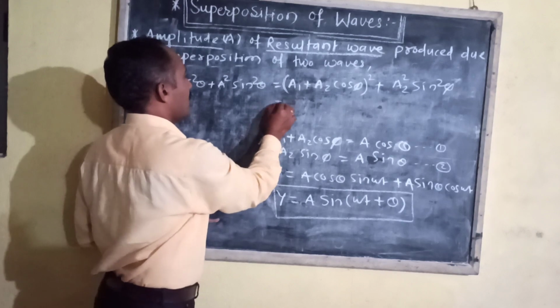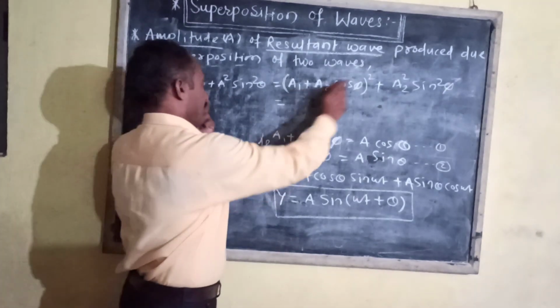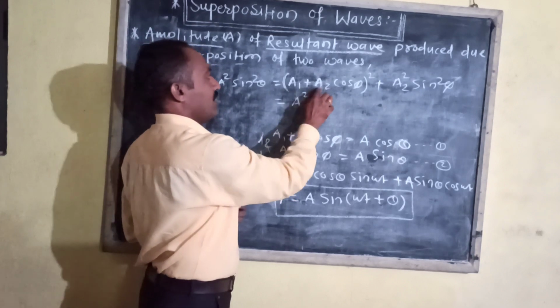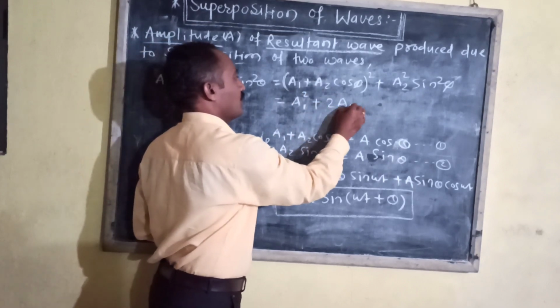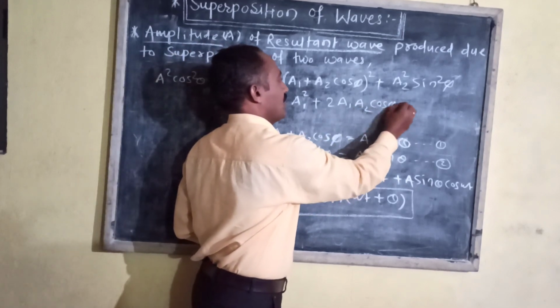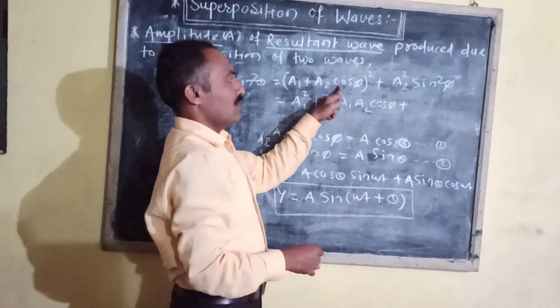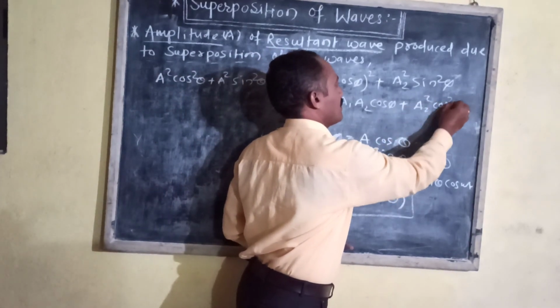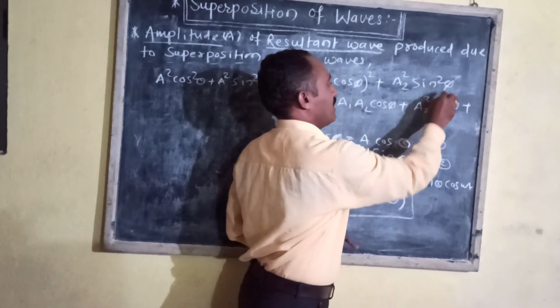We get it is equal to a1 square plus twice a1 a2 cos phi plus a2 square cos square phi plus a2 square sin square phi.